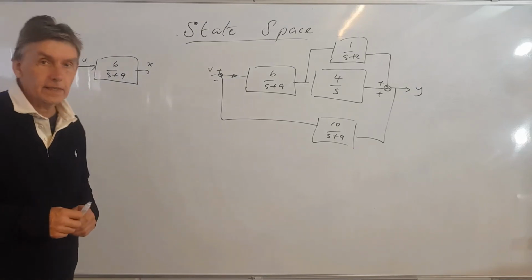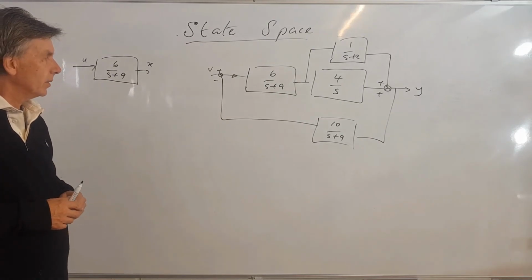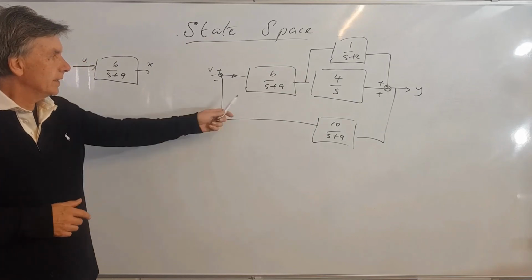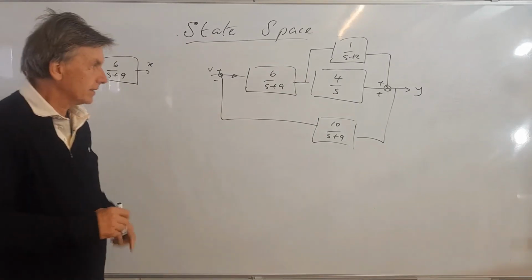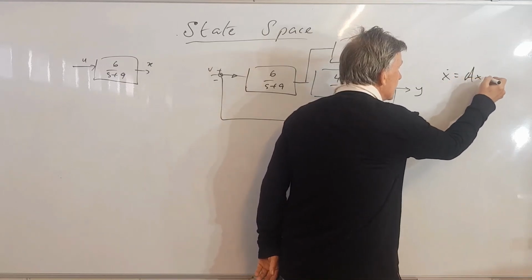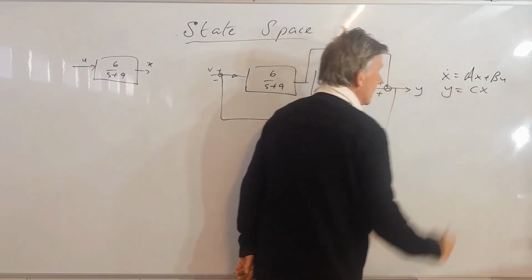So we're still on state space, and another method that we can deploy is if we've got a block diagram of the system, we can convert this block diagram into a set of state space equations of the form x dot is Ax plus Bu, y equals Cx.